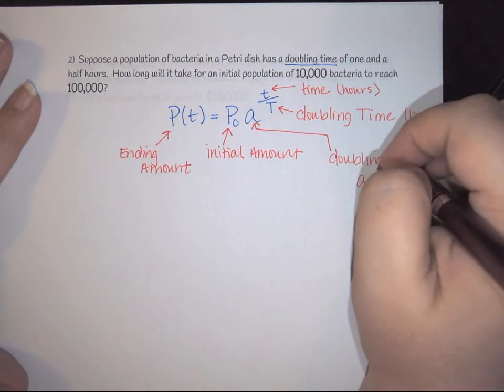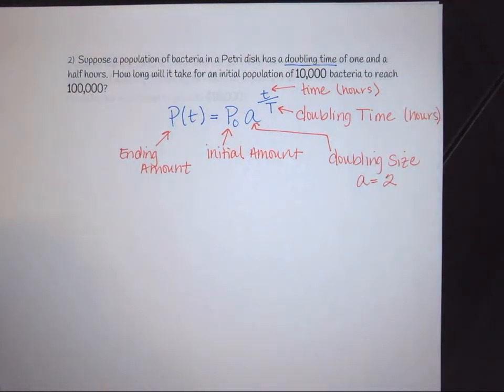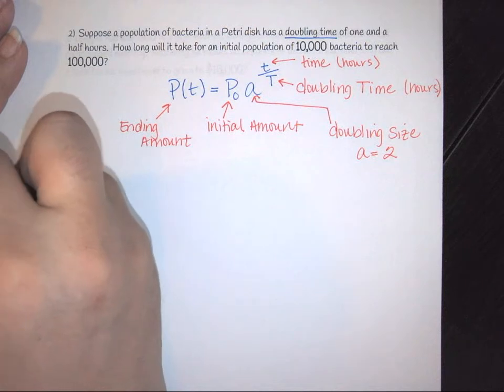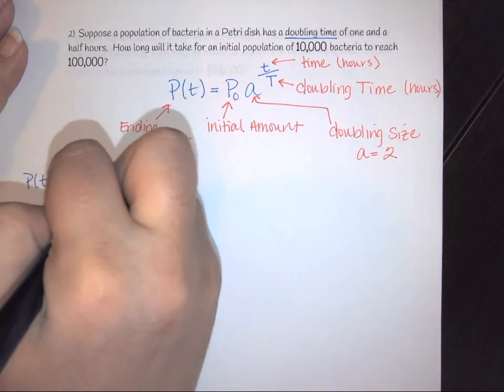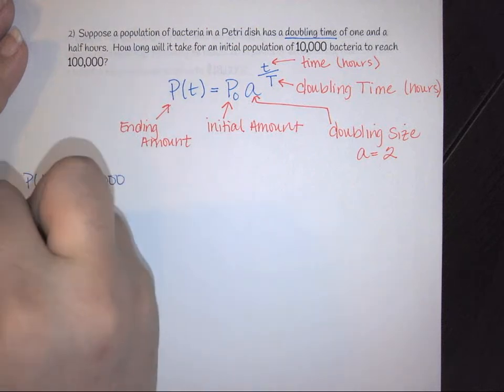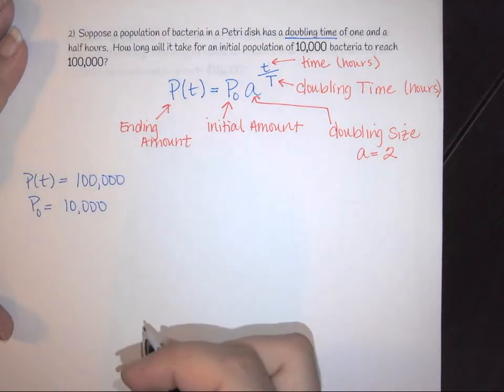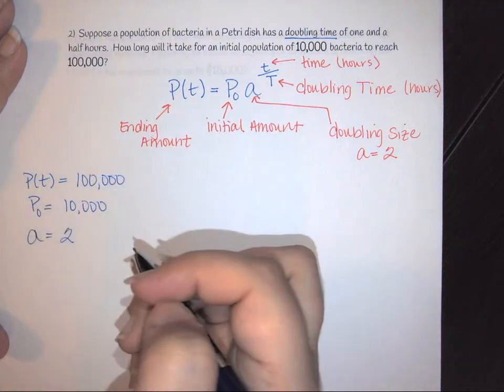Okay? So we are doubling our size, so A is 2. So that's how this formula is going to work. So based on our problem, what do we know? We know my P of t, or my ending amount, was 100,000. We know the starting amount is 10,000. We know my A is 2 because we're doubling.